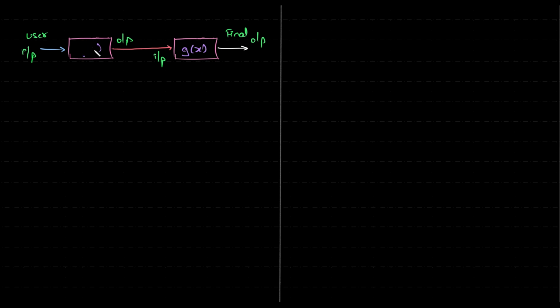In place of f of x, we have x square, and for g of x, we have 3x plus 1, right?